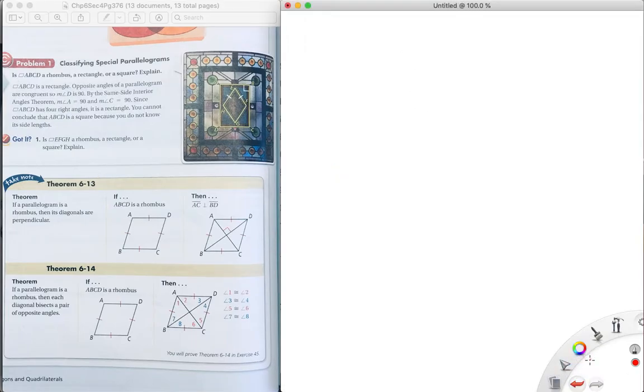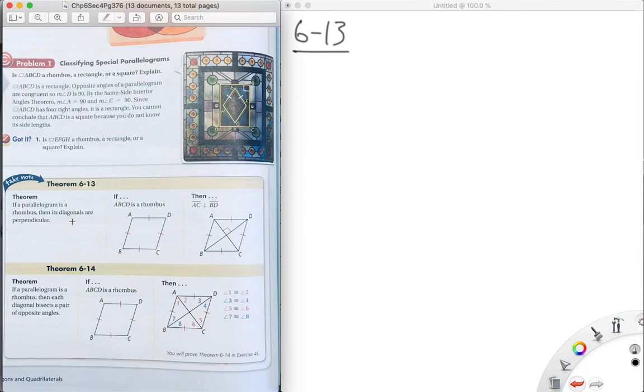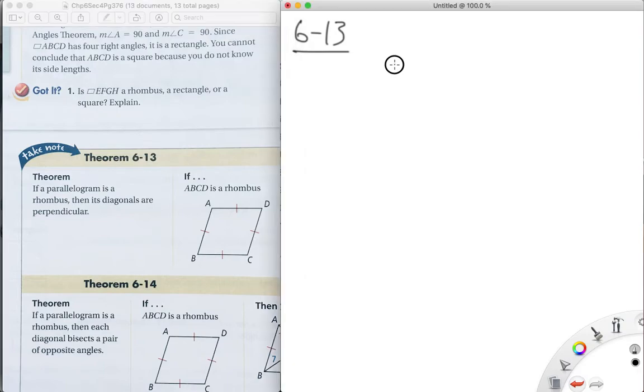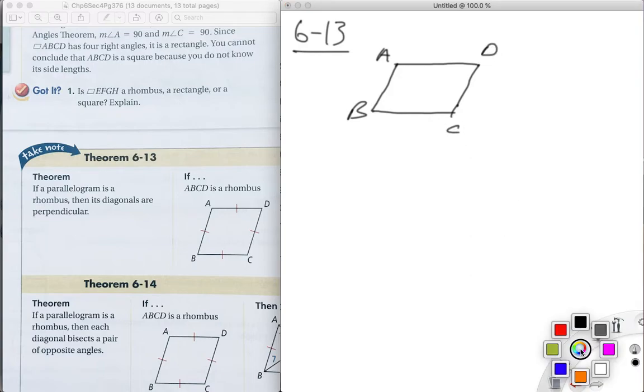Alright. If a parallelogram is a rhombus, then its diagonals are perpendicular. Theorem 6.13. I know it's a rhombus.